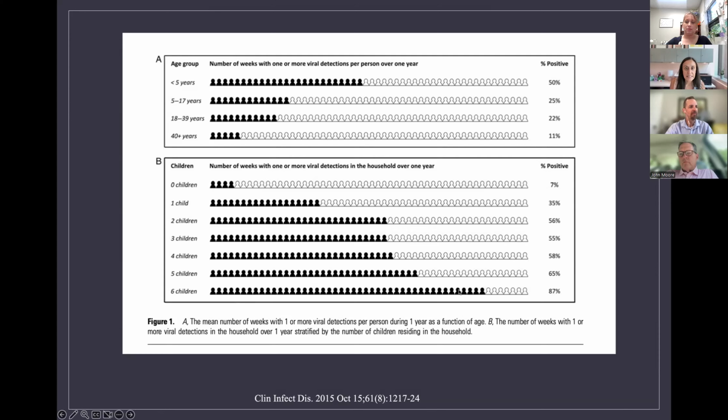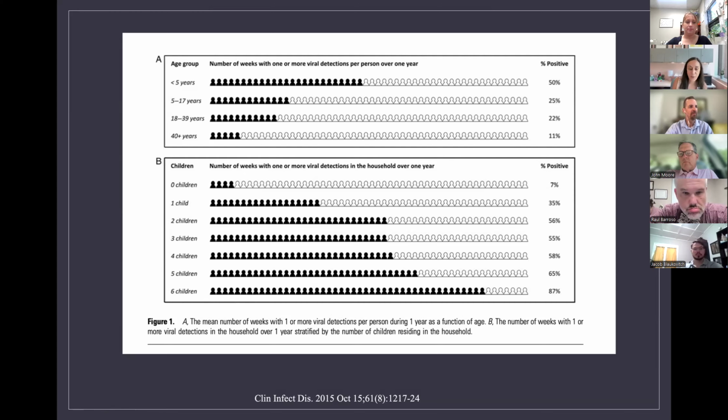So if you're in a standard toddler classroom with 4 or 5 other children, it's possible that you have a positive viral swab 87% of the weeks of a year. That's literally all the time. So you are actually always sick. And these are normal children without a known immune deficiency.